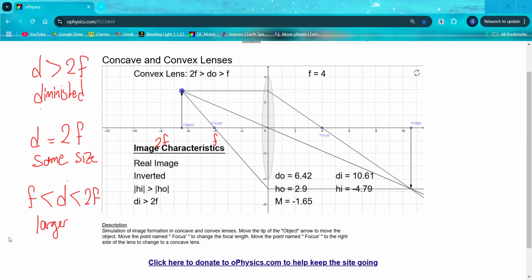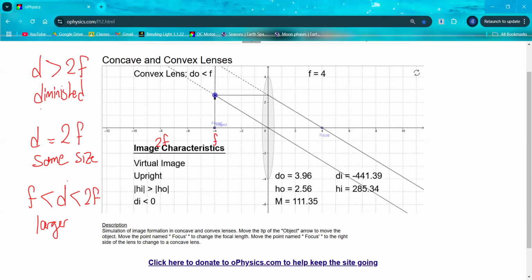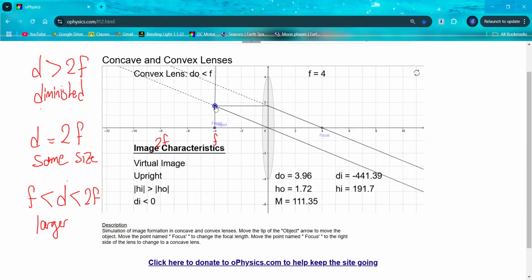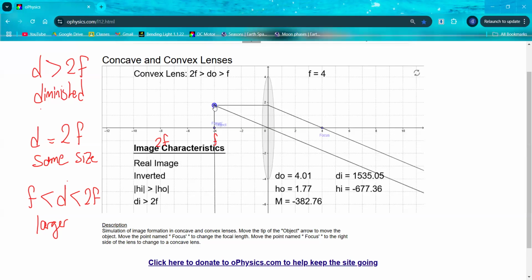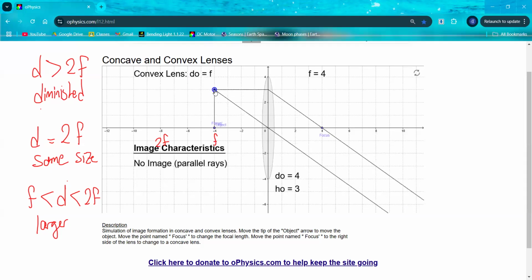What happens when the object is exactly on the principal focus? It's quite difficult to actually place it exactly on the principal focus. Let's assume that it's exactly on the principal focus. Alhamdulillah, here it is.